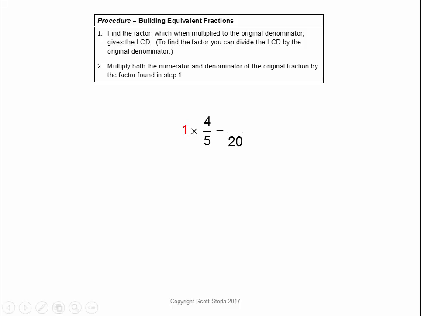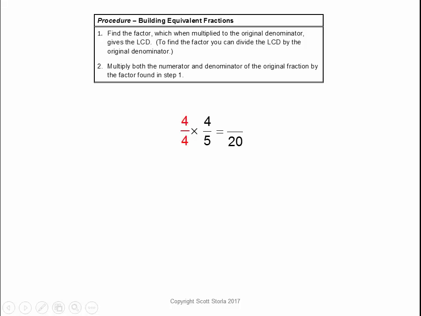If you can't just look at the original fraction and figure out the factor you need, just take your new denominator, use a calculator to divide by your original denominator, and you'll see what form of 1 you need. For instance here, if I started with 20 and divided by 5, I can see I need a factor of 4.